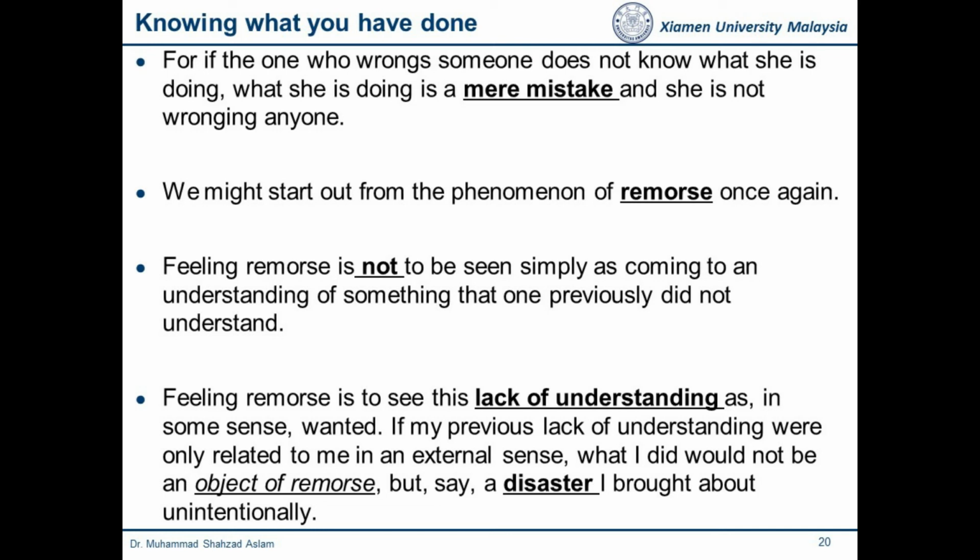So in the last paragraph the author is saying that sometimes people do some act because they don't have understanding, and that leads to remorse, or leads to a disaster, and that happens unintentionally because the person is not aware of it.